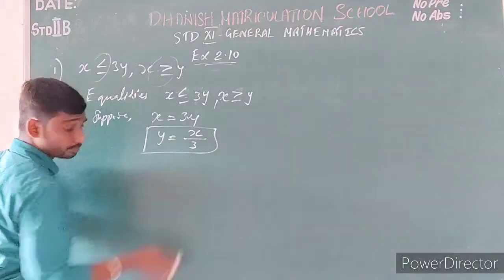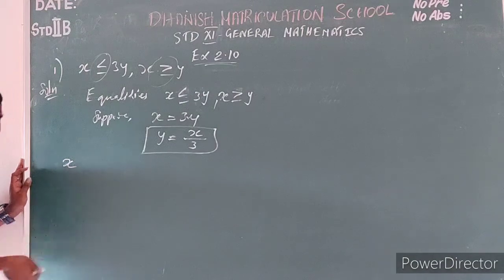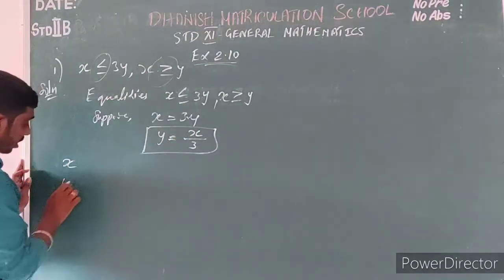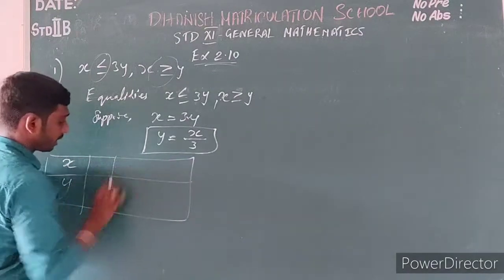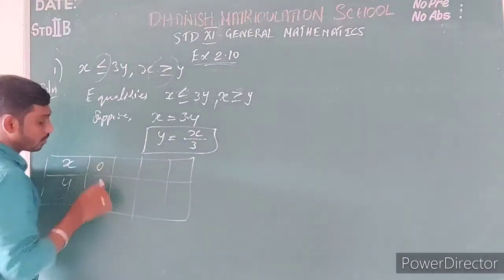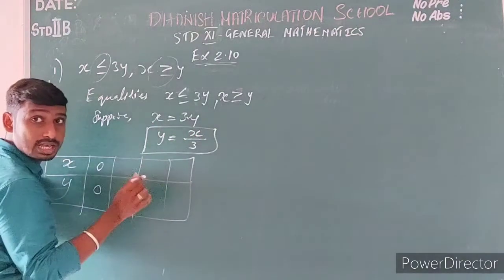Now we are going to substitute values for x. First we have to create the table. Substituting x is equal to 0, y is the same value: 0 divided by anything is also 0.